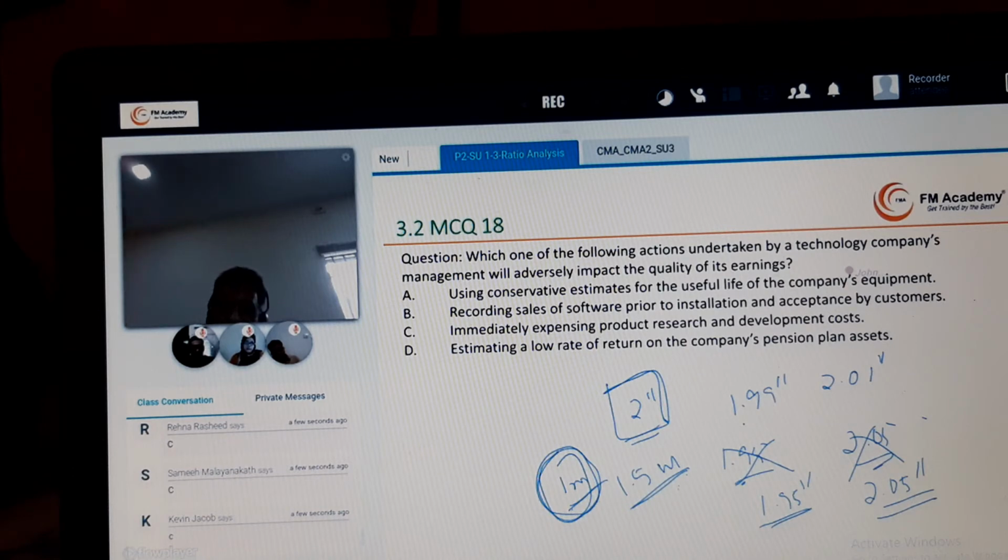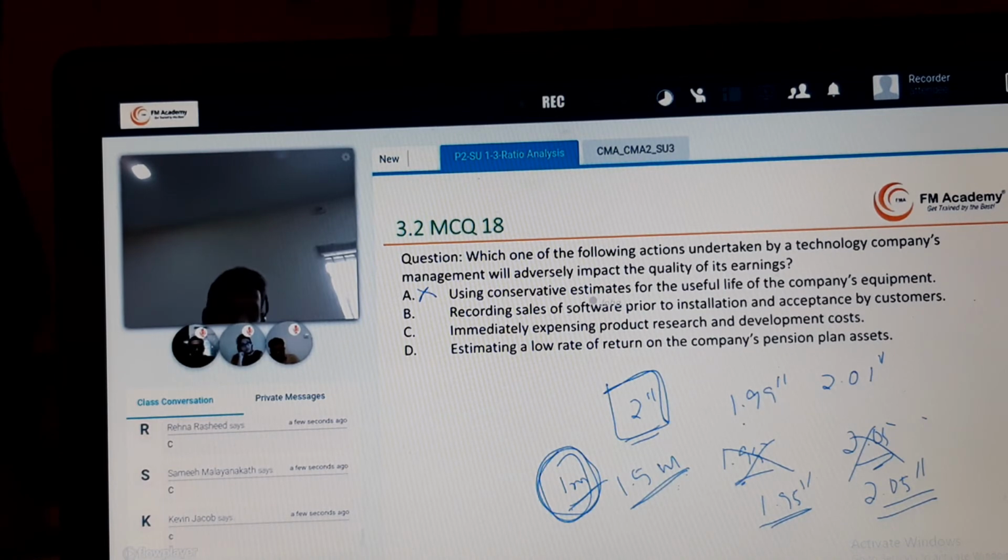That means your actual would turn out to be better than what you projected. So this is not going to adversely impact. The more conservative, then you are really having more upside potential. Upside potential is not considered a risk, and it is a good thing. So using conservative estimates is always better. That will improve the quality.